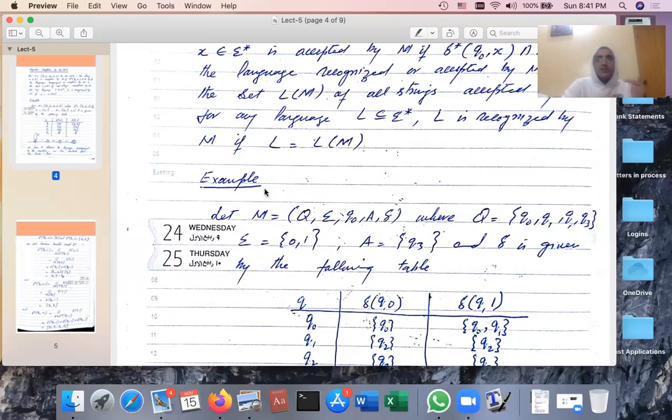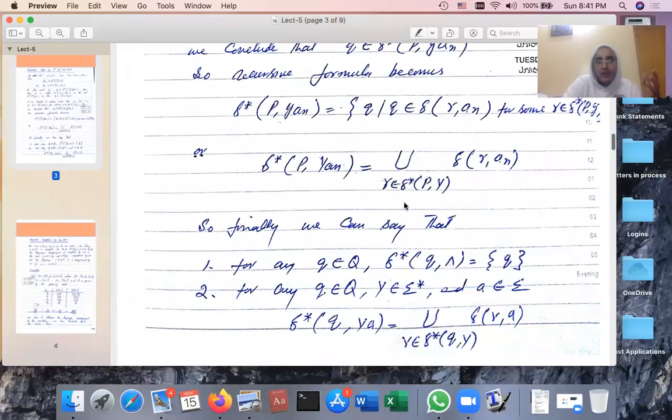We are executing some strings over some NFA in this example, and then we are showing the processing of those strings in the form of the equation that we have studied here.